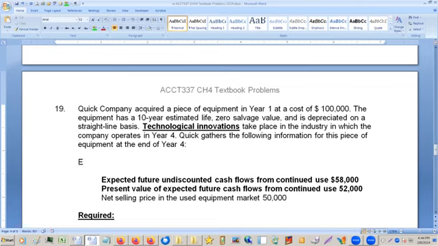Equipment. It has a cost of 100,000. It's going to last for 10 years. So the depreciation expense will be $10,000 per year.